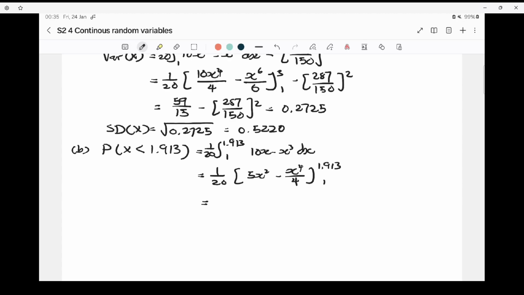Give me some time to compute it. Minus 5 plus 1 over 4. So you will get 0.51, because it's 0.5099 something, so it's 0.51. So that's the probability.